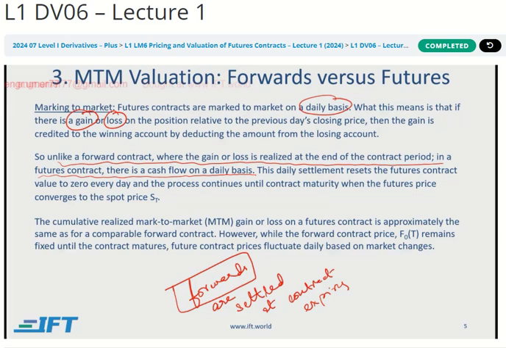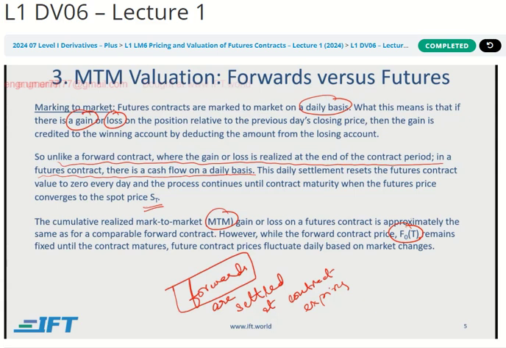Either your deposit is going up or it's going down depending on where the spot price is going. And this is called the process of mark to market: based on the market price of the underlying asset, your deposit with the futures exchange is marked on a daily basis, either marked up or marked down, right?